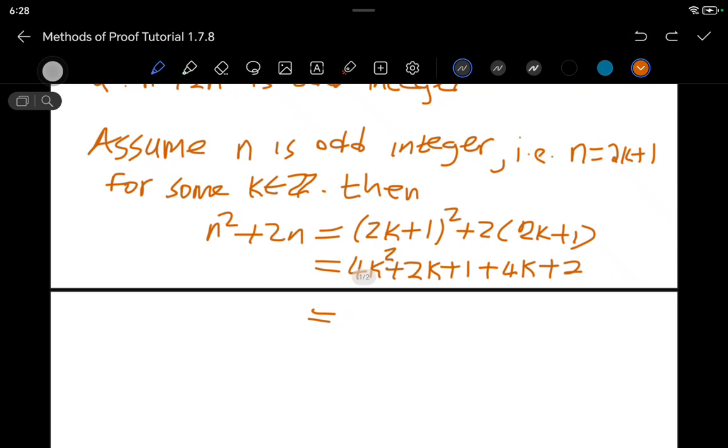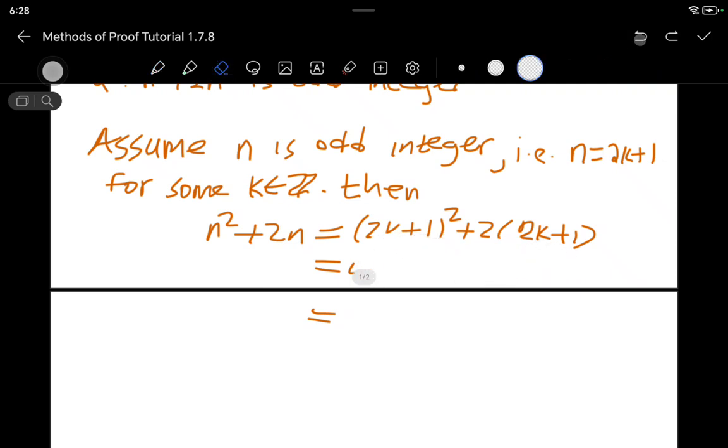Let me erase it and solve it again. I don't know why I made such a mistake. n is 2k plus 1 squared plus 4k plus 2. So check here, right?